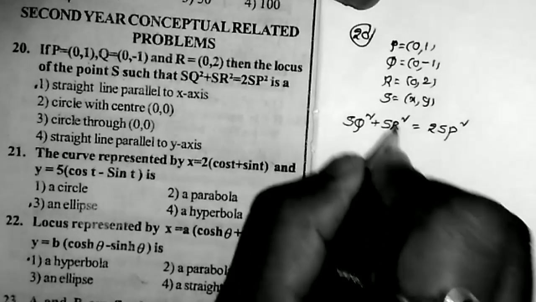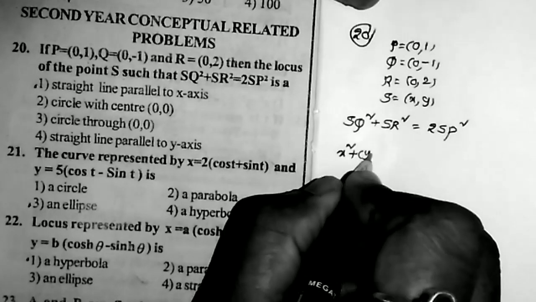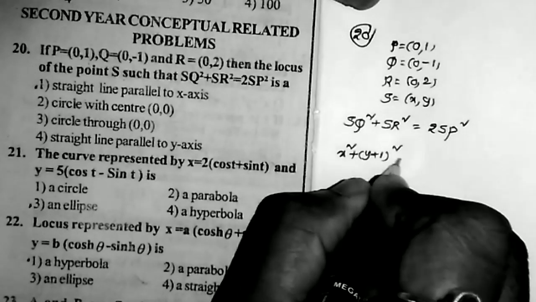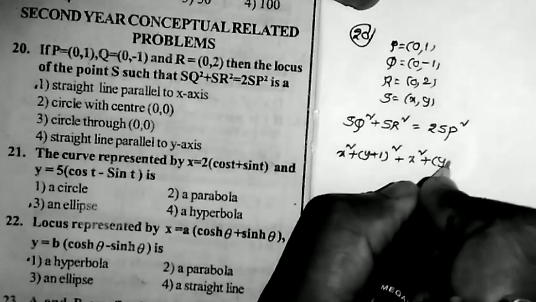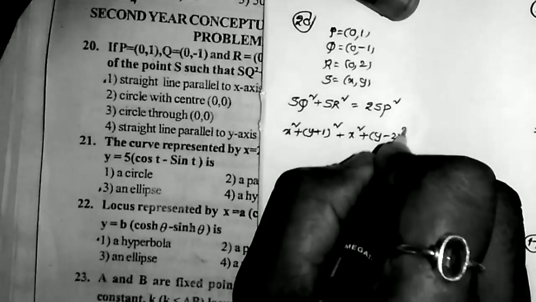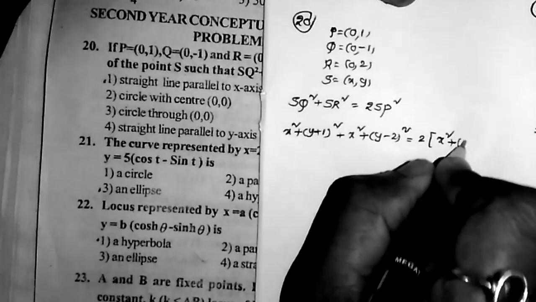Now replacing the values. SQ square, that is x square plus (y plus 1) whole square. SR square, that is x square plus (y minus 2) whole square, is equal to 2 SP square, that is x square plus (y minus 1) whole square.